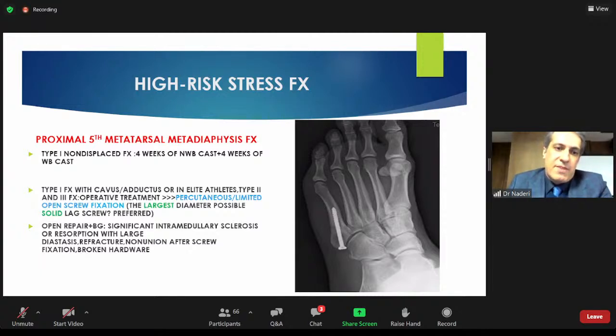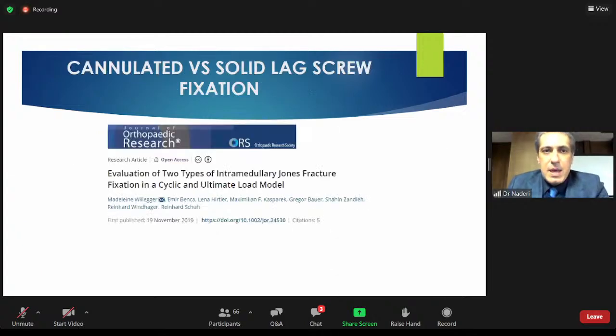Open repair with bone graft is when significant intramedullary sclerosis or resorption with large diastasis is present, or in fracture cases or non-union after previous screw fixation or broken hardware. There is this nice article about evaluation of two types of intramedullary fracture fixation, a cyclic and ultimate load model.